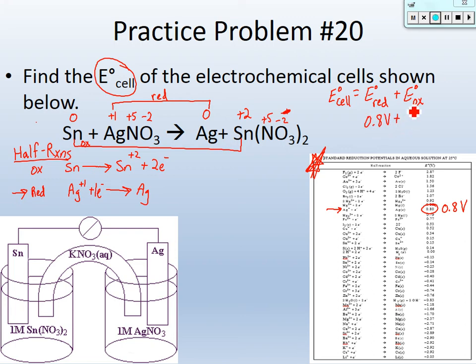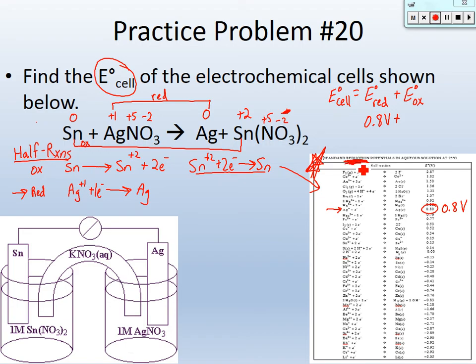Now we need to figure out what the oxidation half reaction will be. But again, it's not going to be written like this because this is a reduction potential table. But it's easy to get it written that way. So let's just flip. Let's put the products as the reactants and the reactants as the products. So flip it over. Sn plus 2 electrons goes to Sn. So I hope you realize what I'm doing here. This is how it will show up on this table because it's a reduction table.